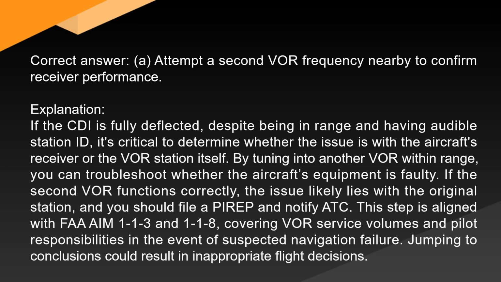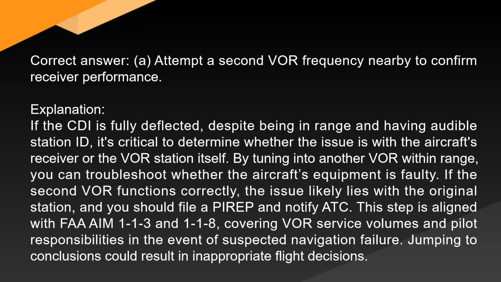Explanation. If the CDI is fully deflected, despite being in range and having audible station ID, it's critical to determine whether the issue is with the aircraft's receiver or the VOR station itself. By tuning into another VOR within range, you can troubleshoot whether the aircraft's equipment is faulty.